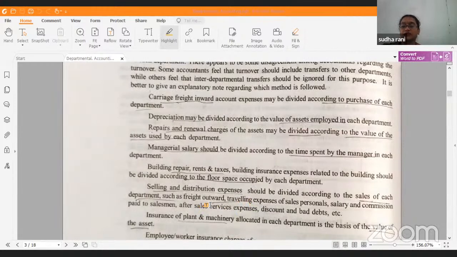Outwards, any expenses relating to sales and distribution are based on sales of each department, like advertisement, carriage outward, traveling expenses, commission to salespersons, salary to sales agents. All these we allocate based on the sales of that department.